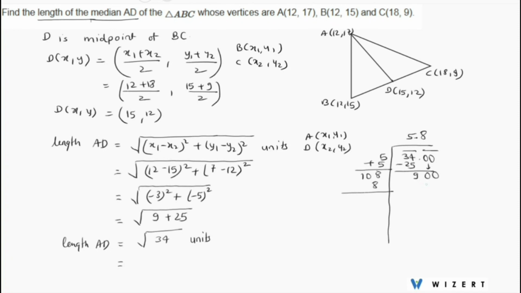So 8 8s are 64, 8 1s are 8. So that gives us 10 minus 4 is 6, 10 minus 7 is 3, 36. We'll take one more pair of zeros which will come down here, 3600.